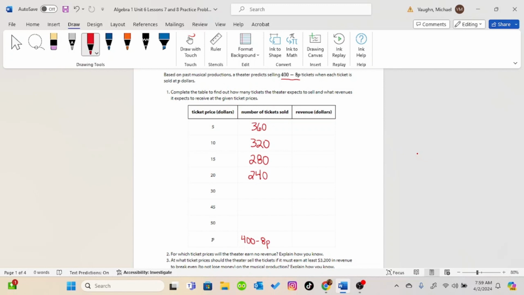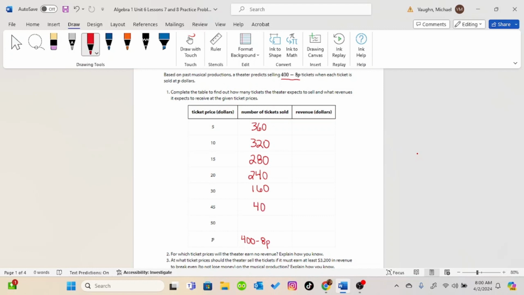30 times 8 is 240. 400 minus 240 is 160. 45 times 8 is 360. 400 minus 360 is 40.